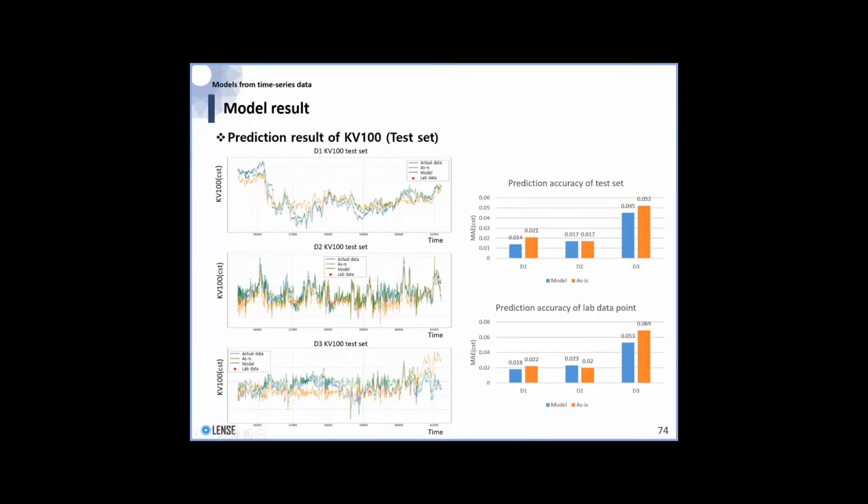So using the virtual analyzer expressed in terms of this recurrent neural network, you are able to improve the prediction of your kinematic viscosity dramatically. The industry that sponsored this research was very, very happy with it.